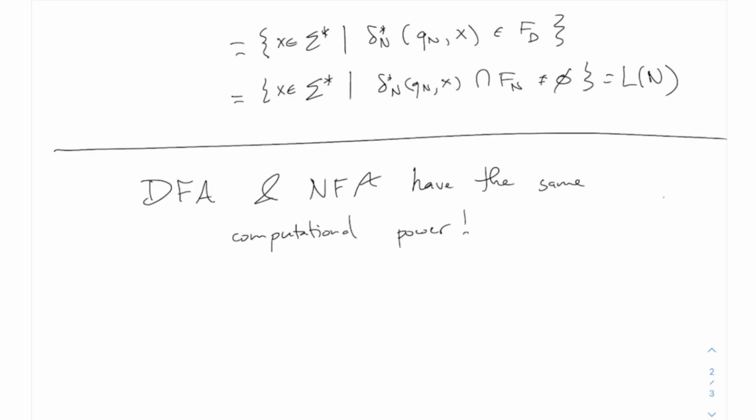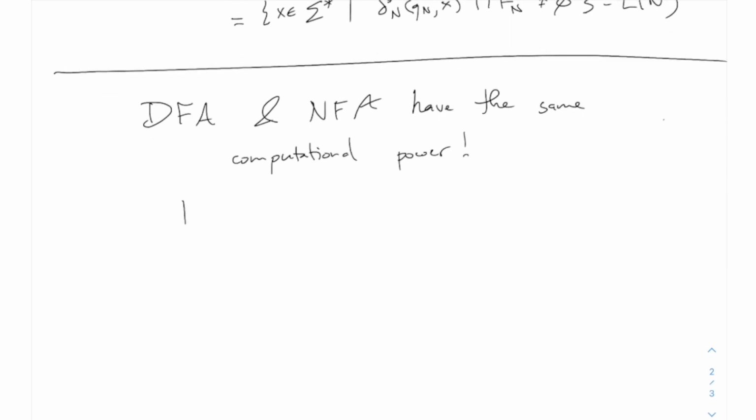DFA and NFA, they can compute the same sets. They are the finite state machines. All right? So they have the same computational power, and that is they both can compute regular languages, right?